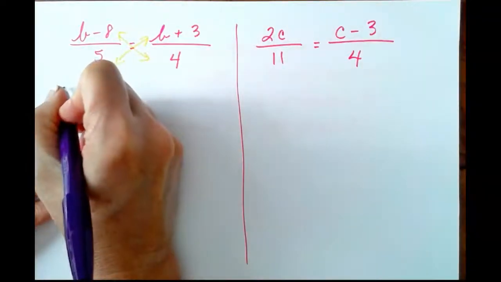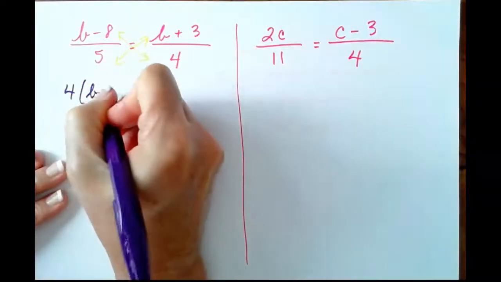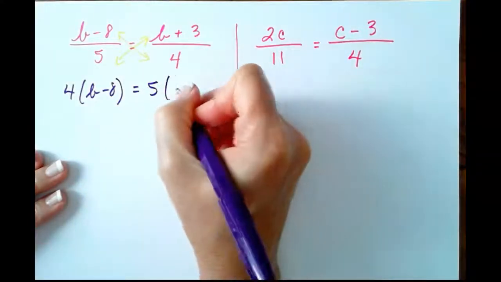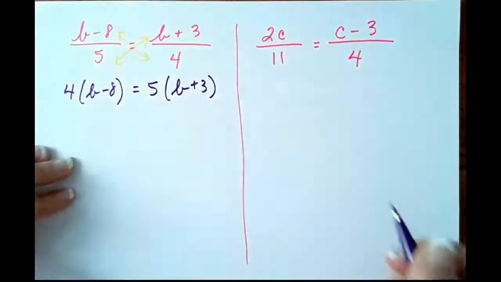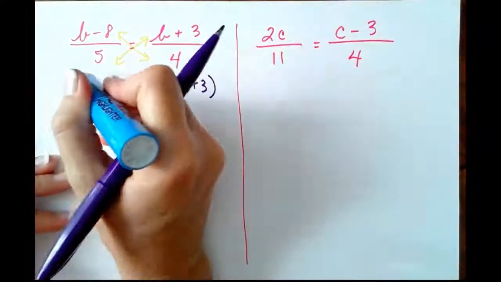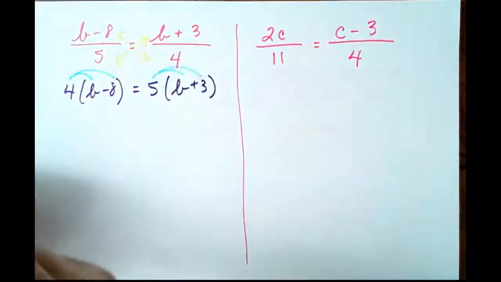So it's going to look like this. 4 times b minus 8 equals 5 times b plus 3. We need to use the distributive property here in order to simplify and solve.